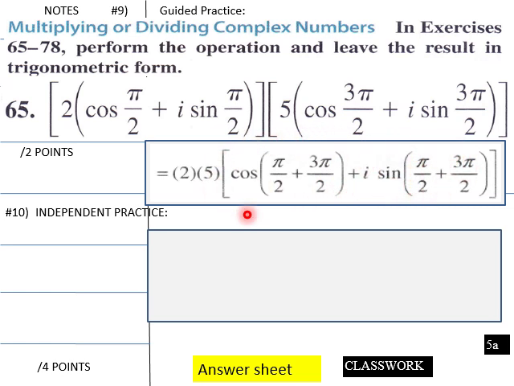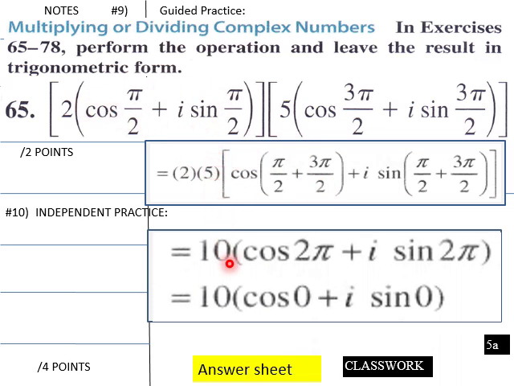Moving from this stage down into this, we continue with the product: 10 times cosine 2 pi plus i sine 2 pi. Then we have cosine of 2 pi and the sine of 2 pi, which would be 0 as well.